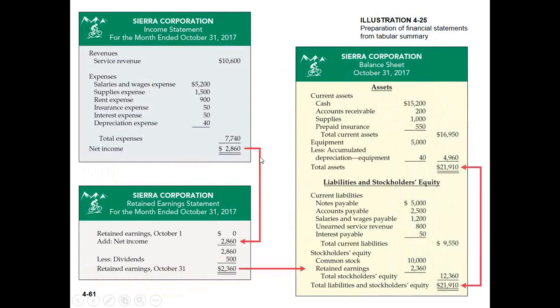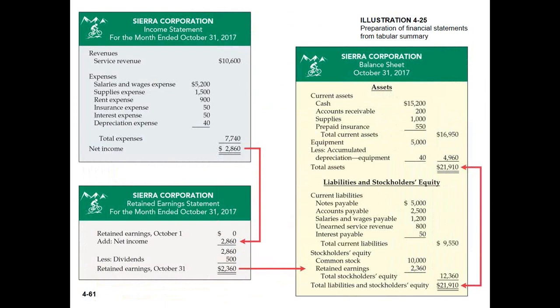And again, remember, our net income comes down to our retained earnings. Our retained earnings comes over to our balance sheet, and we pick up the rest of our numbers from our spreadsheet. And our balance sheet must balance. Very important. We now have financial statements that, to the best of our knowledge, are accurate, and that's what we need.